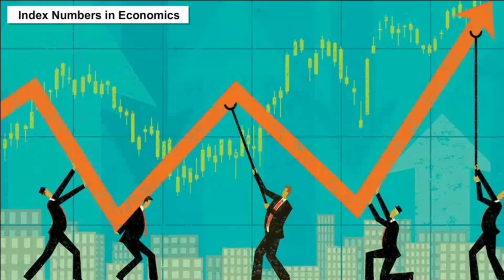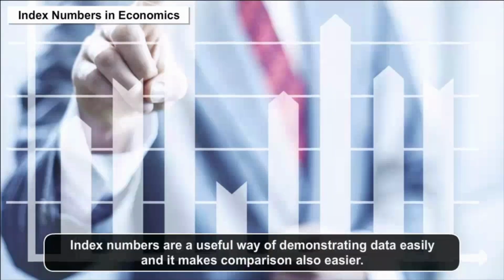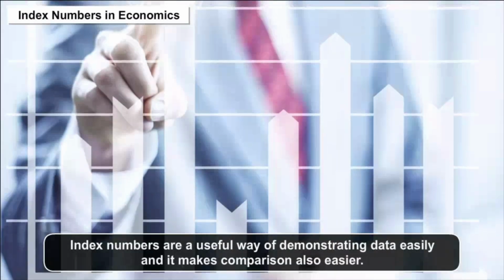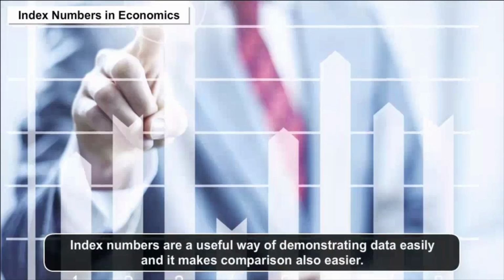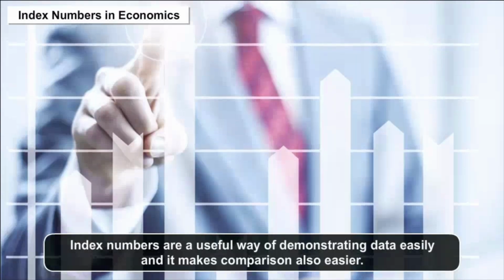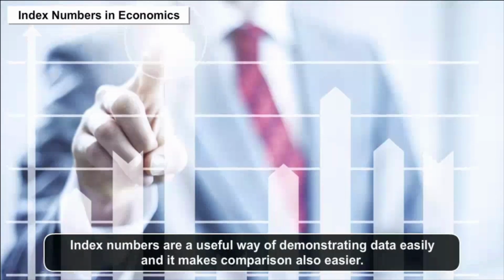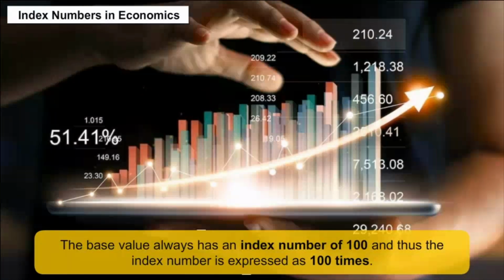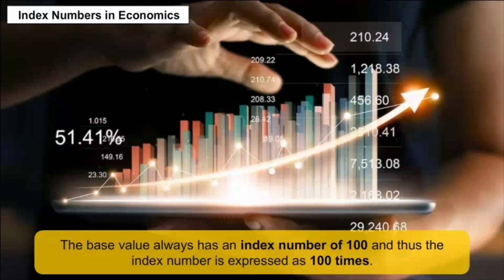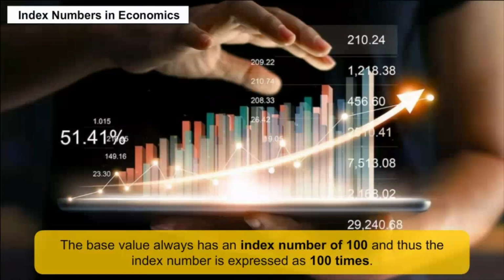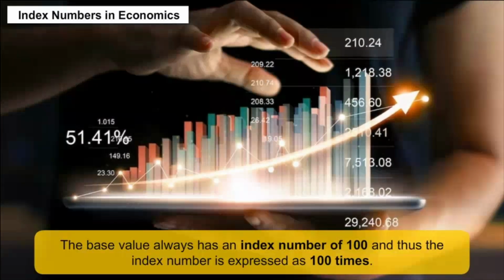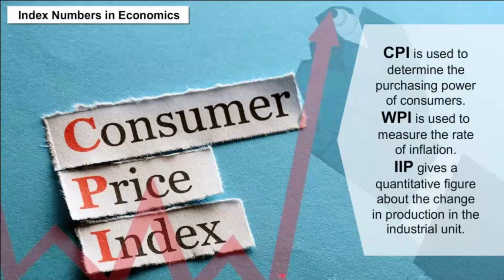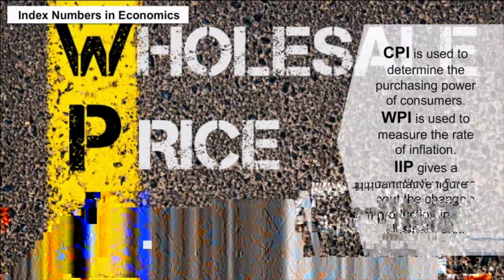Index numbers in economics. Index numbers are a useful way of demonstrating data easily, and they make comparison easier. The base value always has an index number of 100, and thus the index number is expressed as 100 times. CPI is used to determine the purchasing power of consumers.